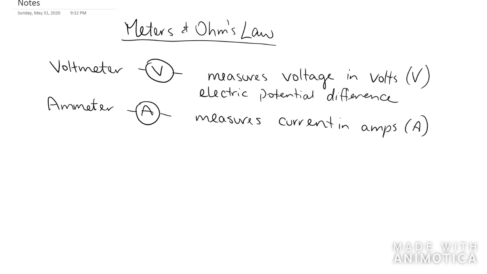So the main difference, not only do these measure different things, but how they are set up in a circuit has to be different. A voltmeter is always going to be parallel to what you're measuring. An ammeter is going to be in series.